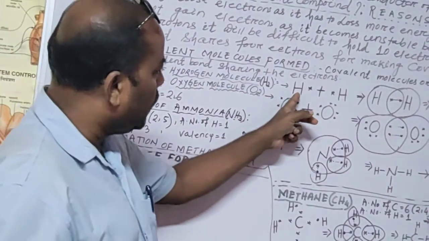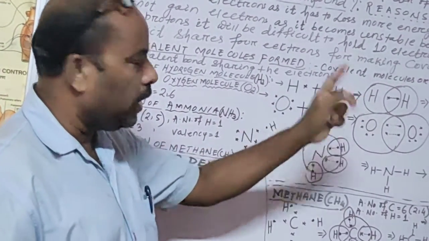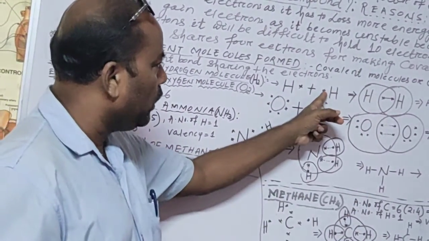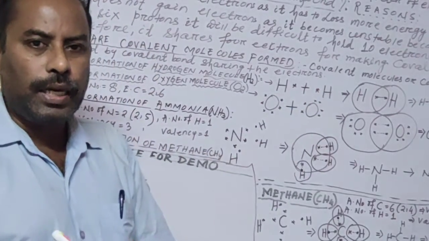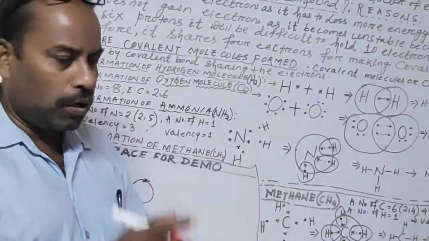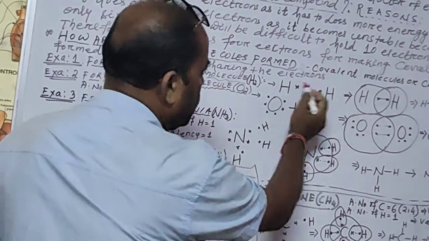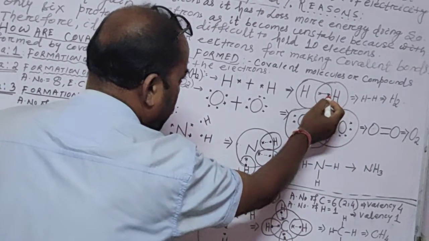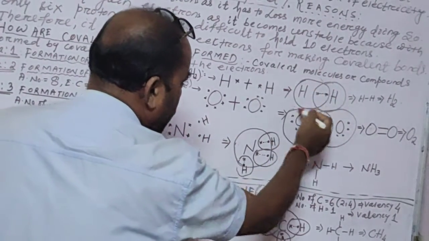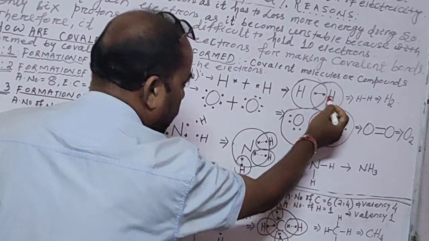So hydrogen will see another hydrogen that also has one electron. They decide to share one electron with each other in the borderline. Now this hydrogen is sharing one electron and the other hydrogen is sharing another electron, and they make a boundary with this shared, paired electron.